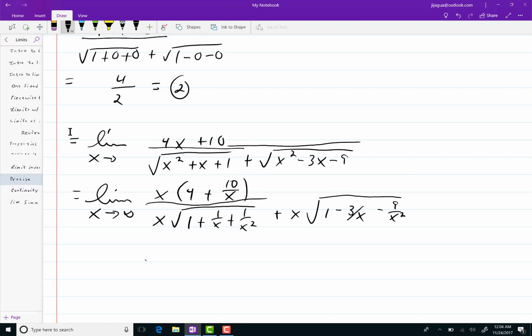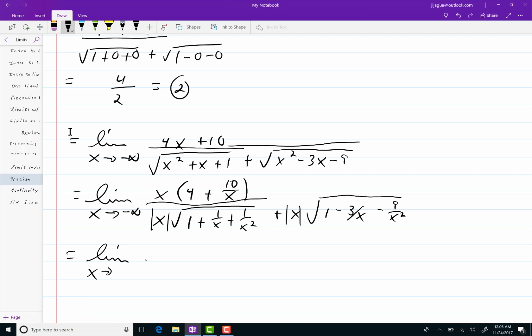If this had been going to negative infinity, down here, then these would have to have been the absolute values of x. And then the absolute value of a negative number is the negative of this number.